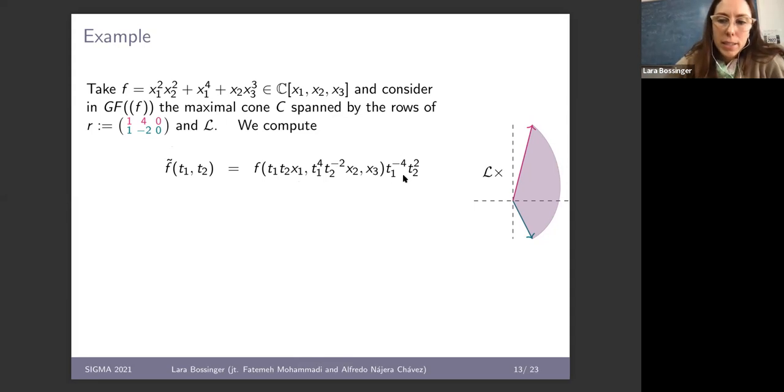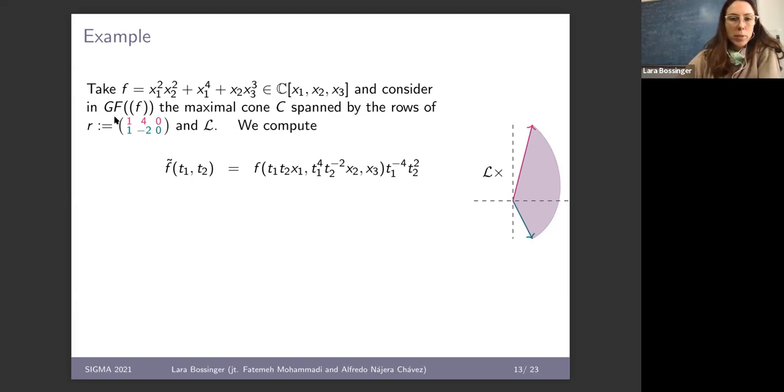And then in the end, this is the vector of minima. If I fix, for example, T1, I have to compute the minimal dot product of my vector (1, 4, 0) with the exponent vectors appearing in the support.